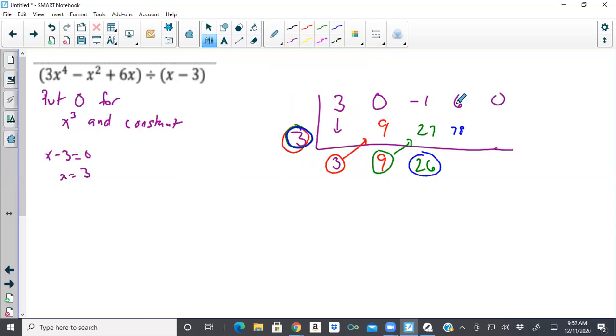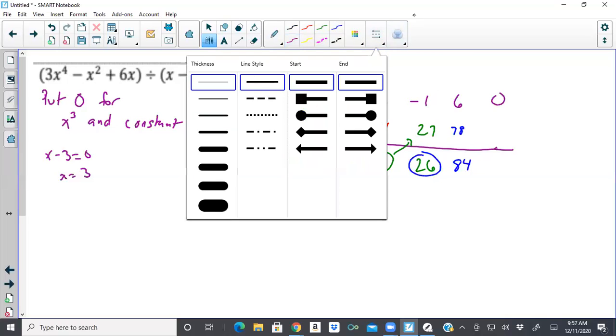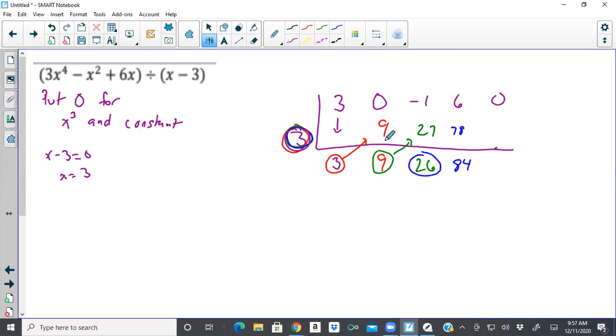I hope. 6 plus 78 is 84. And now we do our last one. 3 times 84, I think that's 252. And then we add, and we get 252.